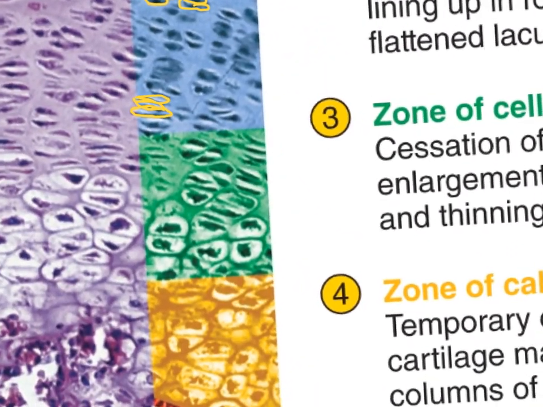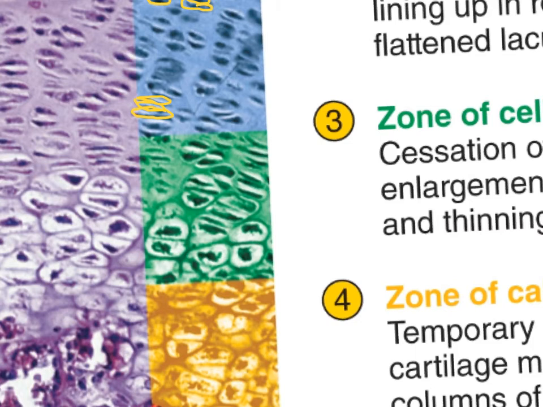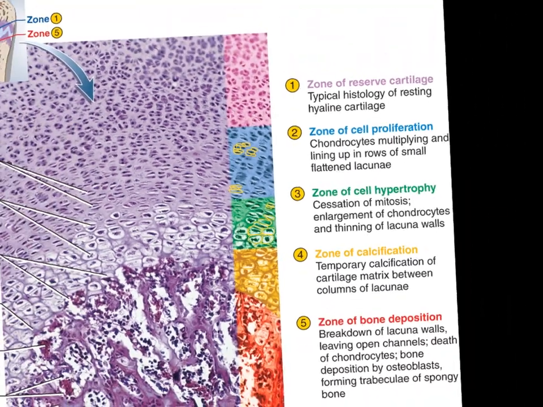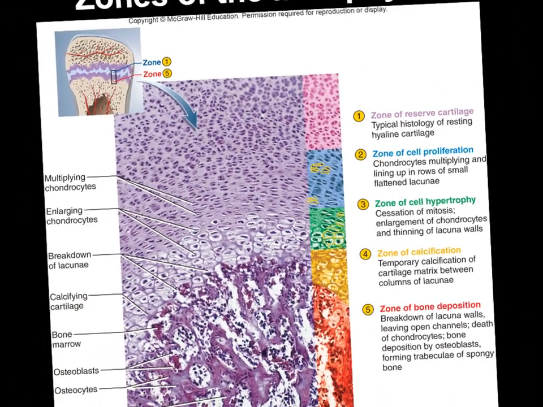So if we zoom in here, you'll see at the top of our zone of hypertrophy, we still have these stacks of lacuna, but as you move further down into it, you see the lacuna are getting bigger, the cells are getting bigger, and the walls between the lacuna are getting thinner until we get down towards the bottom and we have no longer flat, but now big, round lacuna with fairly thin cartilaginous walls between them. That's bone growth through hypertrophy.